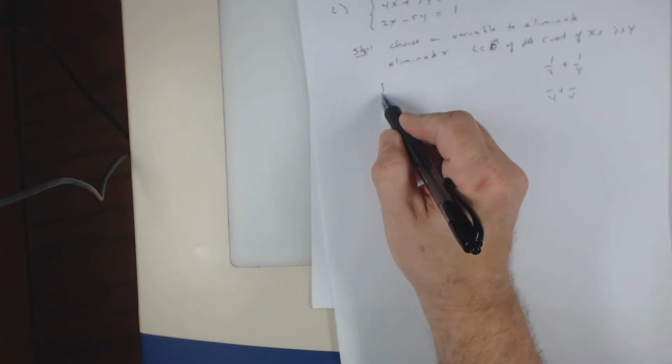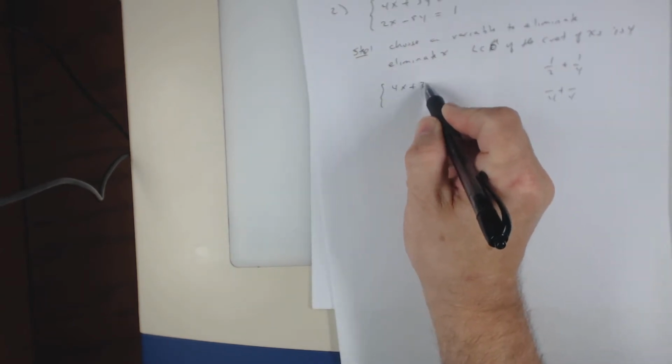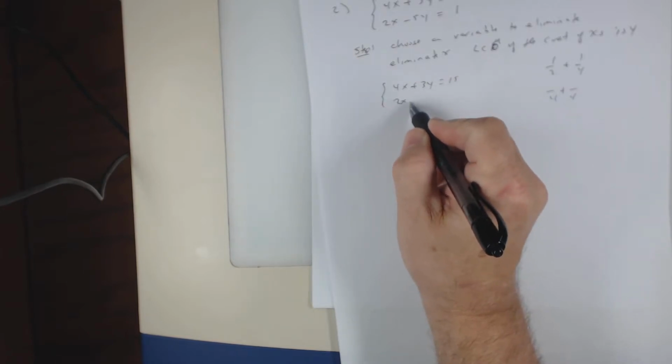All right. So eliminate the x's. So the least common multiple of the x's is 4. Now I'm going to rewrite this. Okay, listen carefully. I need the coefficients to be 4, but one's going to be positive, the other's going to be negative, because they have to be opposites.